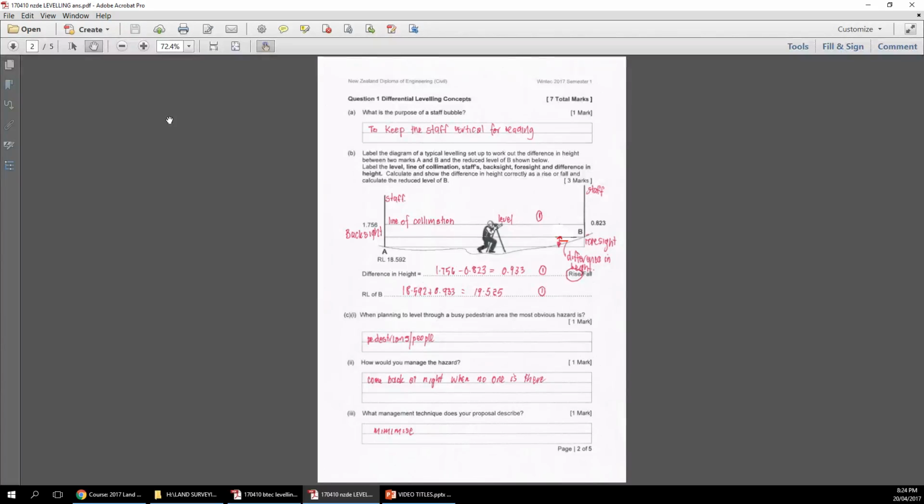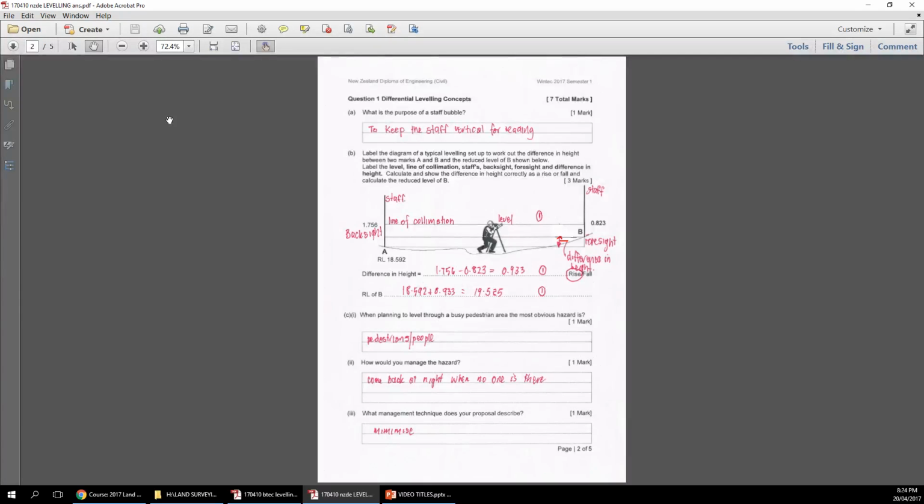Now, there were a number of things here, but quite a lot of people made the mistake of saying it kept the staff horizontal, which would actually make it impossible to read. So remember to check these things.